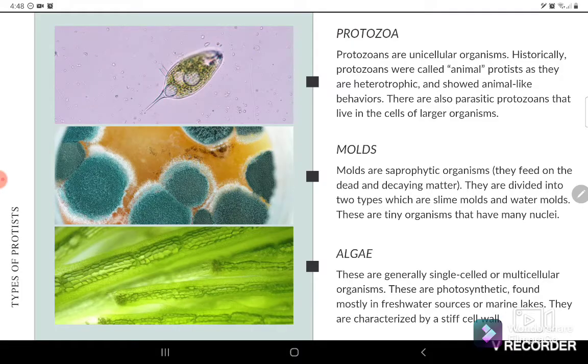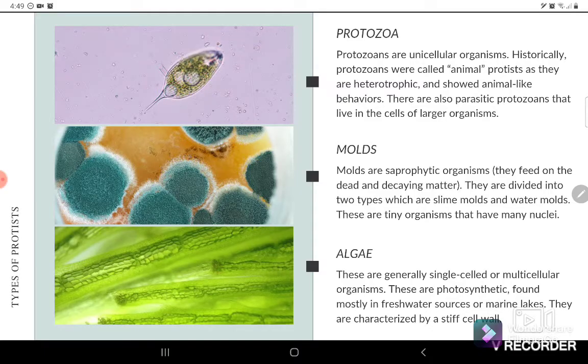So the common characteristics of protozoans is that they are heterotrophic and they are unicellular. Other than that, not all protozoans have a definite shape, and not all have similar ways to move, like some are ciliated or have cilia, while the others have flagella to move.